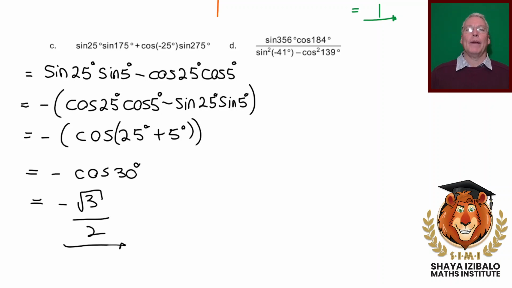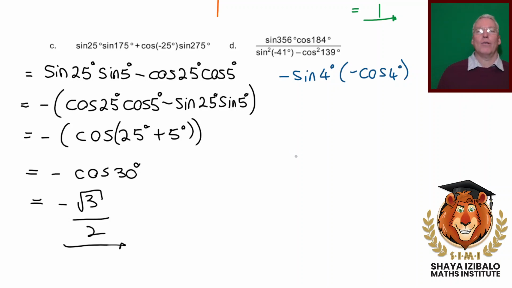Let's take a look at this one. Okay, again, we're going to try and reduce things. That is just 4 degrees away from an axis. So is that. So let's play around with 4 on the top. This is going to be negative sine 4 degrees. And this is going to be negative cos 4 degrees. Now the reason I'm writing a bracket is so that I don't think it's a subtraction. It's not negative sine 4 minus cos 4.